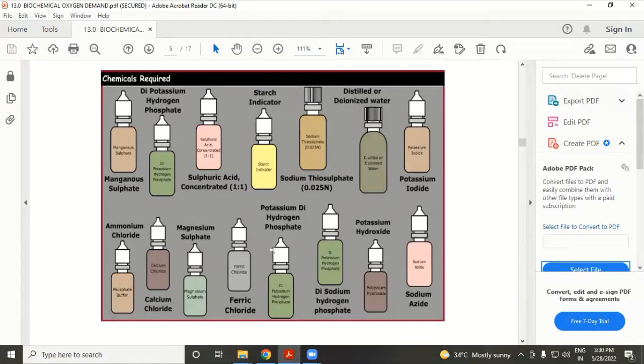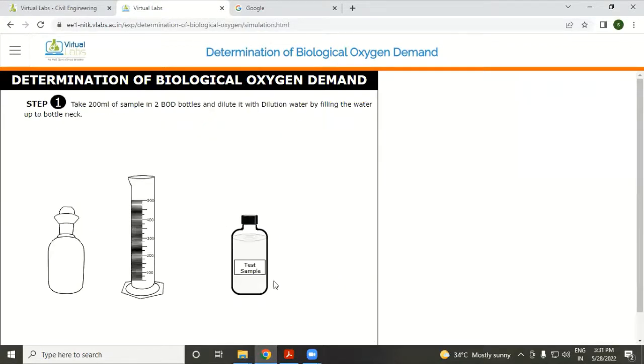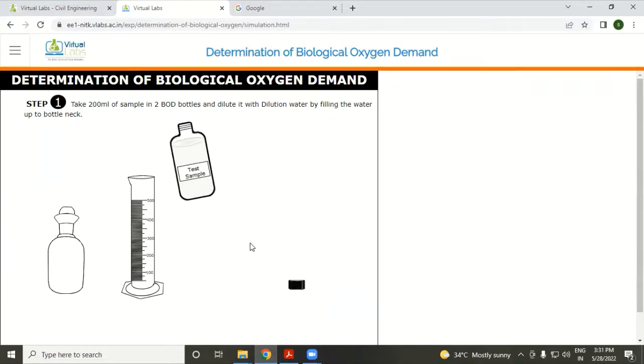Okay, so let us start our practical. The aim or objective of the practical is to find the biological oxygen demand of the given water sample. First take 200 ml of sample in 2 BOD bottles and dilute with water.